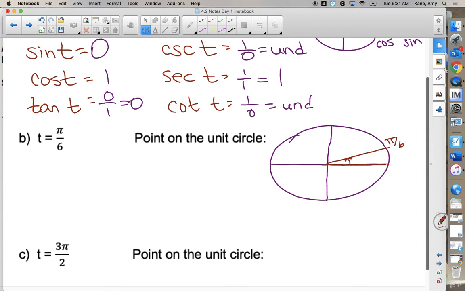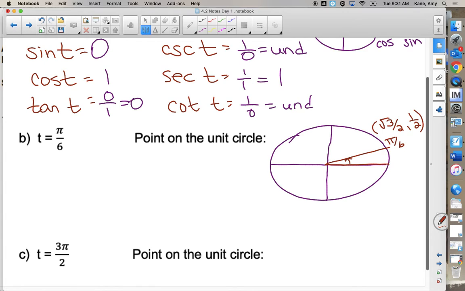What's the point on the circle that goes along with pi over 6? If you need to, you can flip backwards. It's on the front of the packet. Emma. So square root of 3 over 2 and 1/2. Every pi over 6 has that same ordered pair, the square root of 3 over 2 and 1/2.